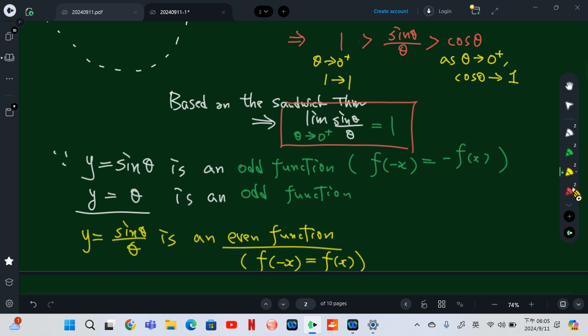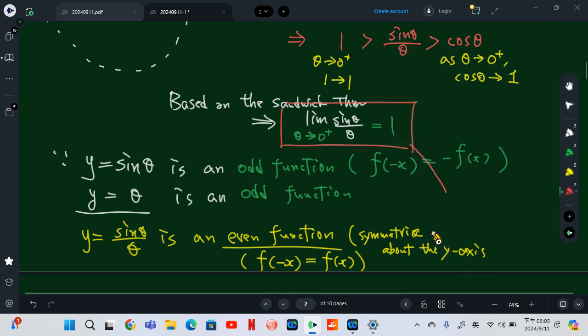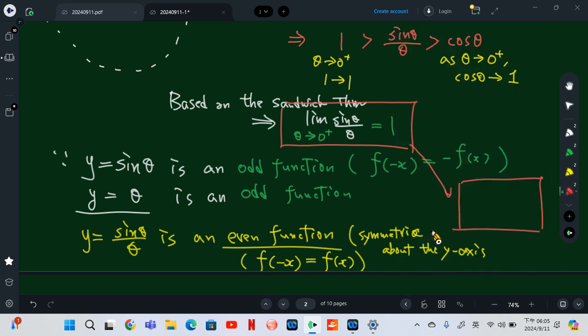Since it's an even function, did you still remember the function's curve will be symmetric about the y-axis? So based on this fact, we can get the limit as theta is approaching 0 minus.